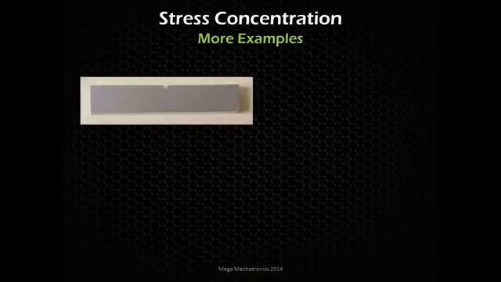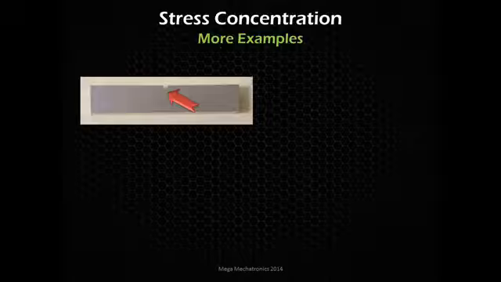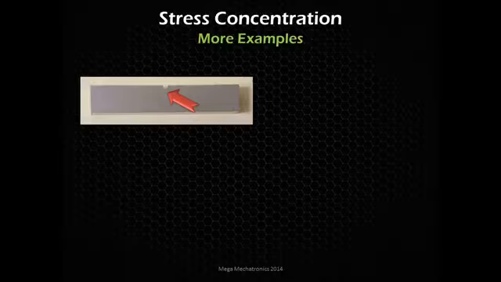So some more examples. Here's our Sharpie test. Remember that notch? That's put there on purpose so that gives the scientists and engineers a consistent place where that part is going to fail, and that leads to more consistent test results.